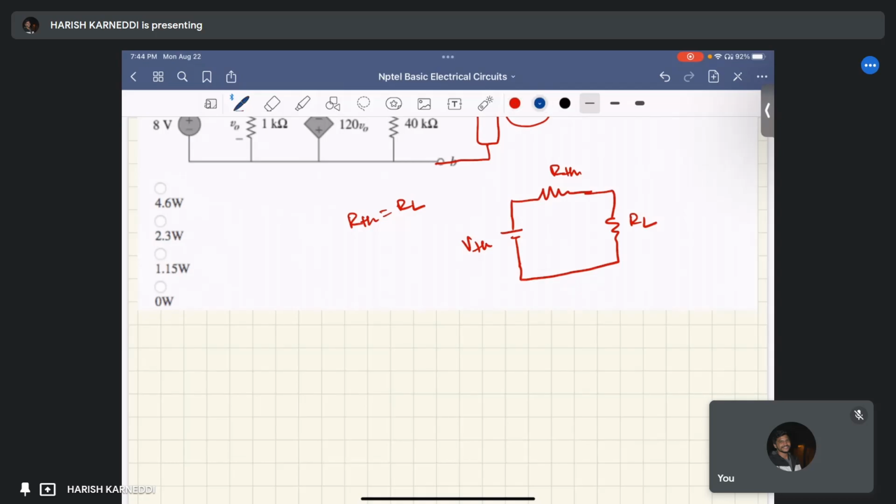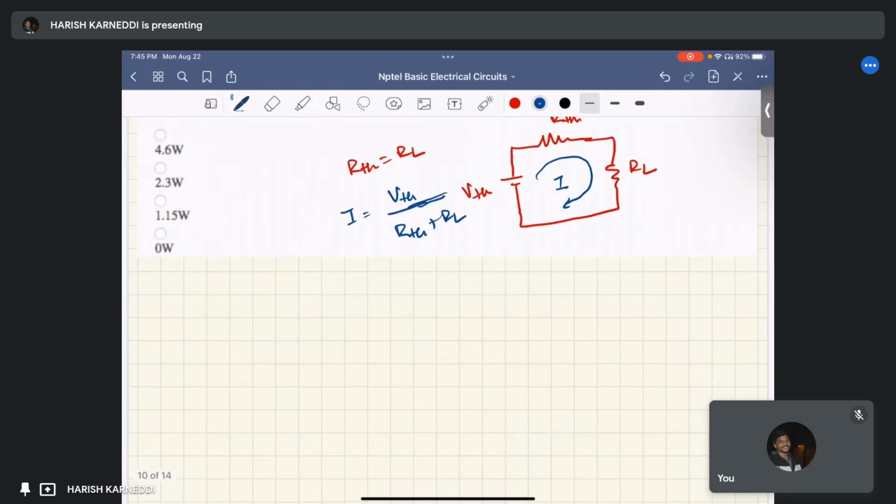So the current flowing through this loop is, let us suppose, I. What is the value of I? I equals VTH by RTH plus RL, right? Why? Because this RTH and RL are connected in series, so I added the RTH and RL.